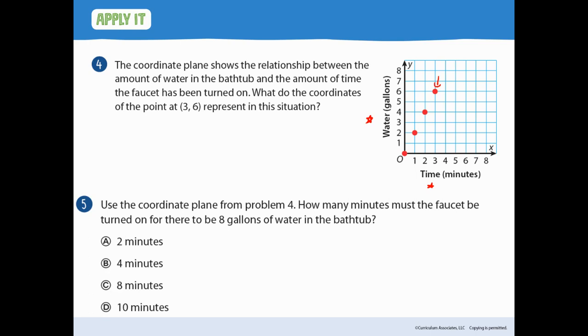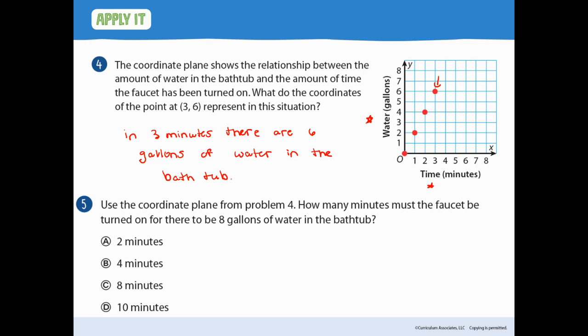This dot right here, 3, 6, represents in 3 minutes there are 6 gallons of water in the bathtub. So again, at 3, 6, that is where we are going to be there.